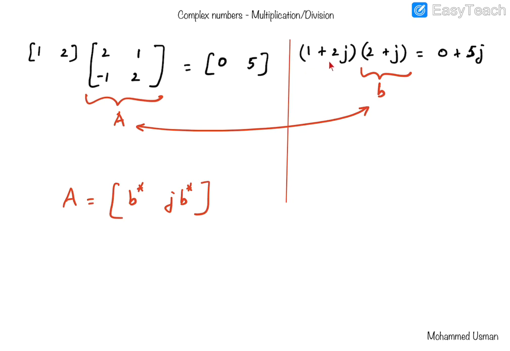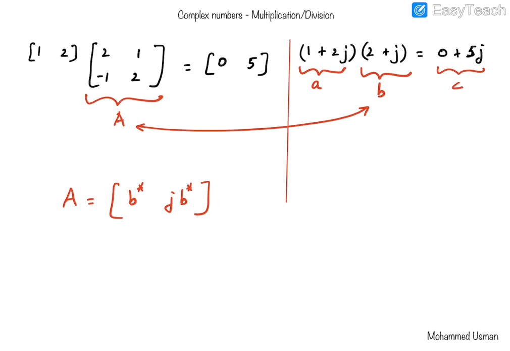So let's call the first complex number small a, and multiplying the complex number small a with the complex number small b produces a third complex number, which let's call c.